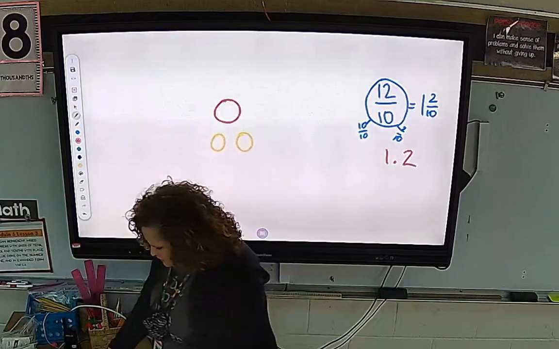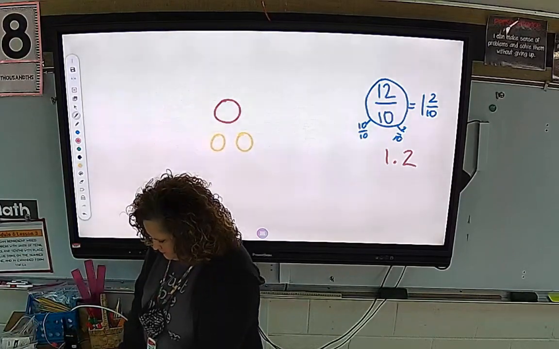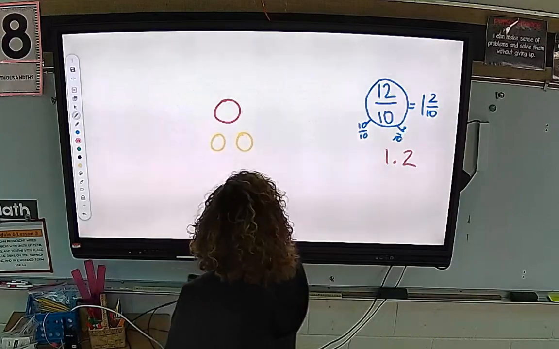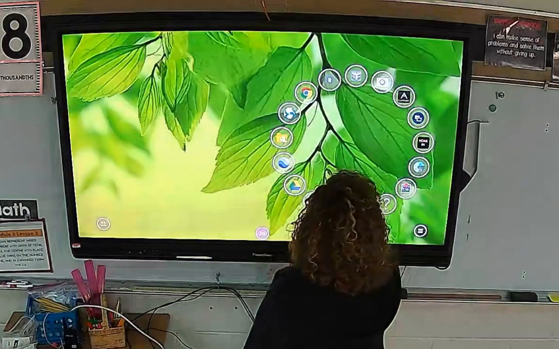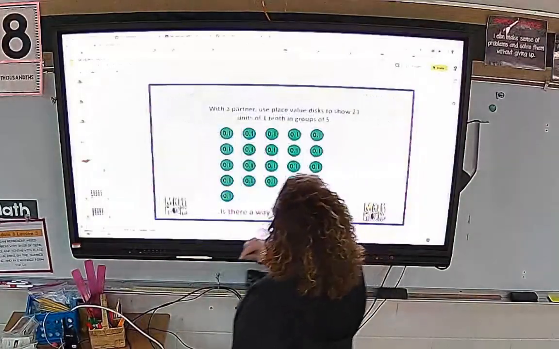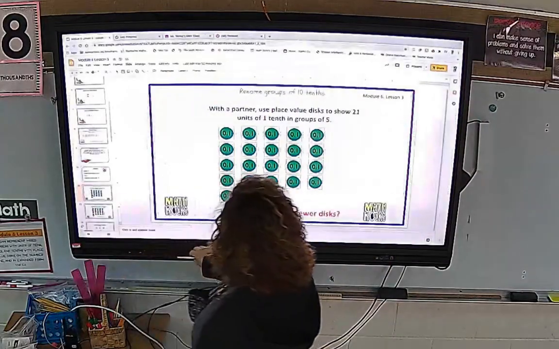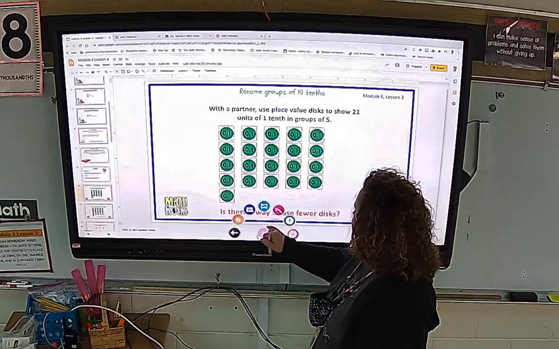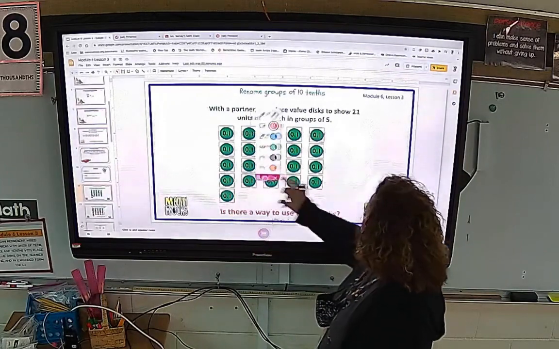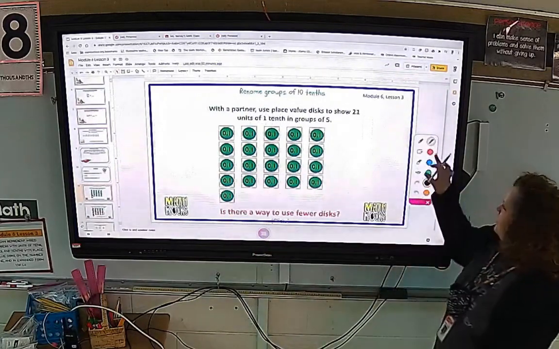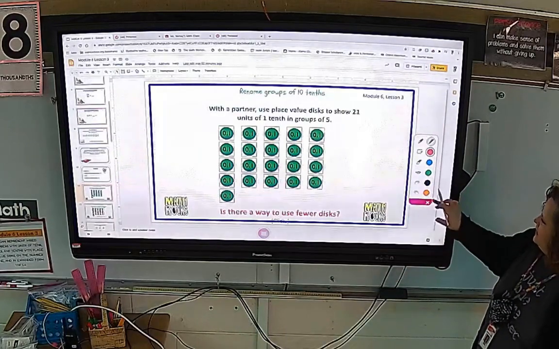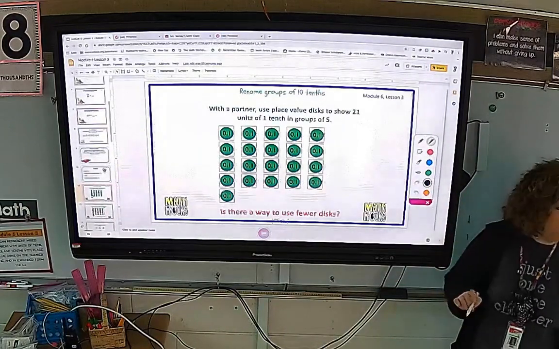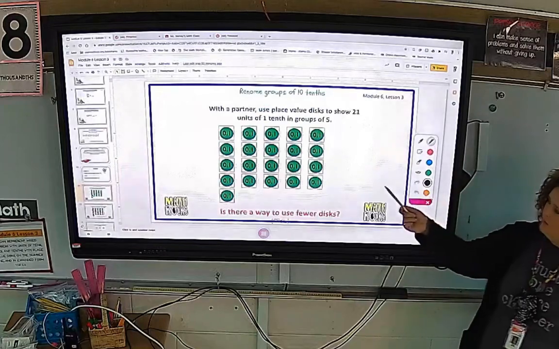So let me jump in here. The one example that they had given that we were going to try to do, we were close, we just didn't have 21. So let's use that color. They had 21.